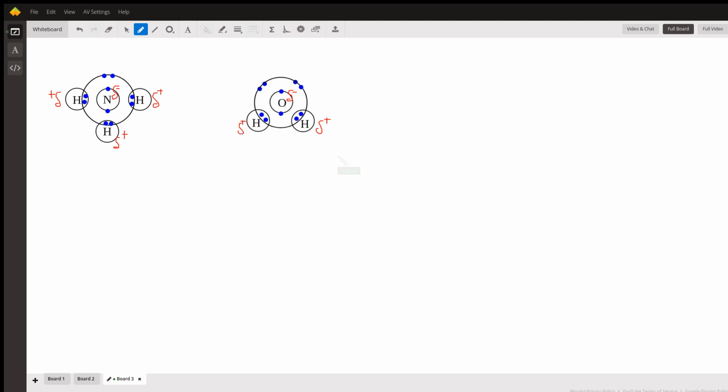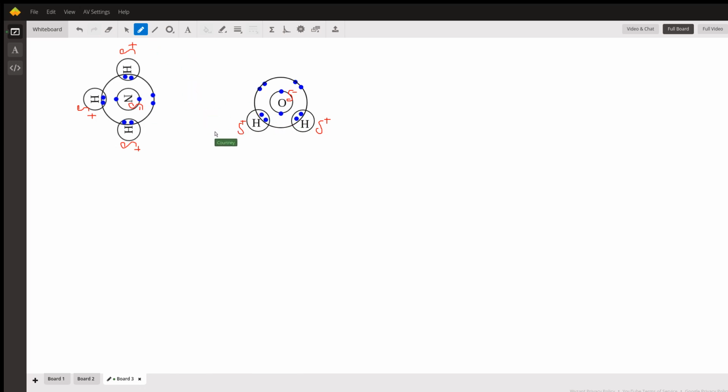And then the last part of that question is to show how they would hydrogen bond to each other. In this case, if we take this entire structure and rotate it, we know that this part of our molecule is partially negative, and these hydrogens on our oxygen, on our water molecule, are partially positive.